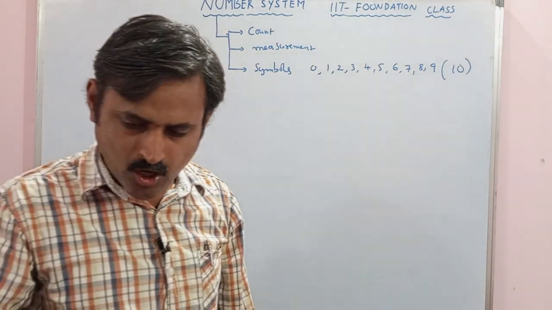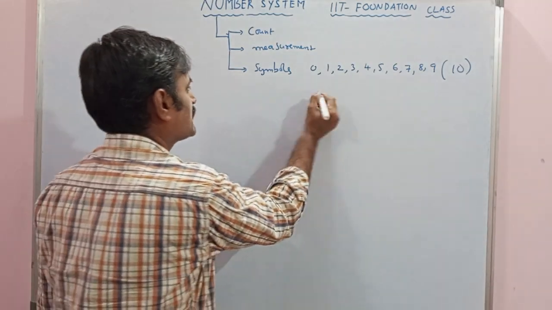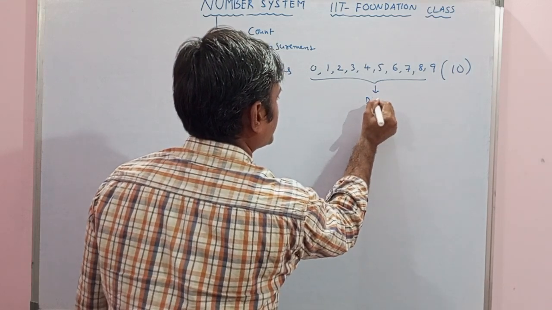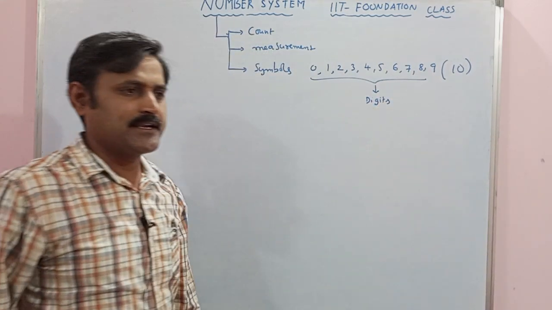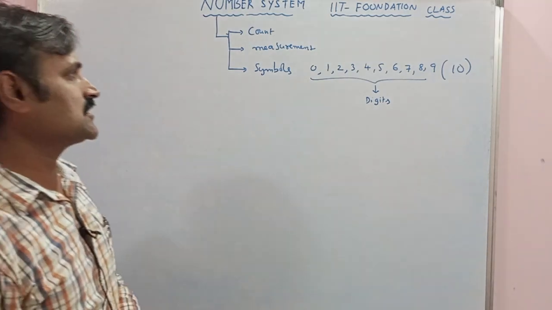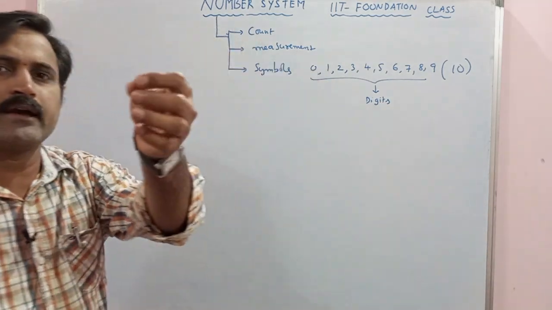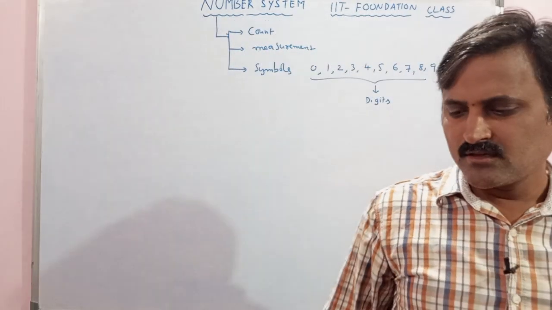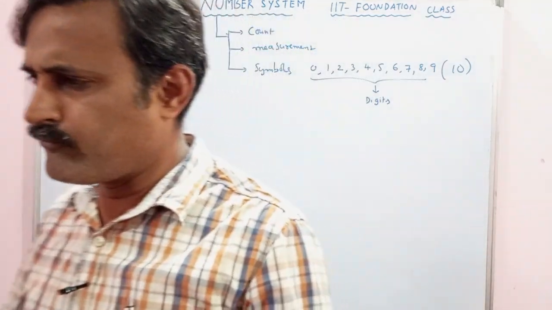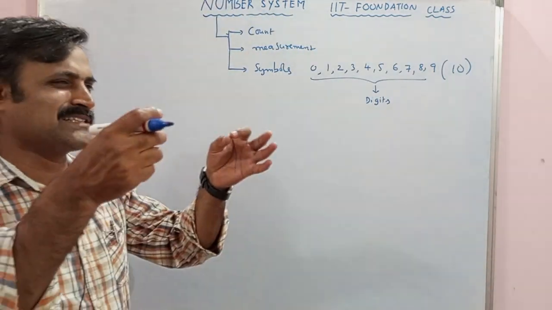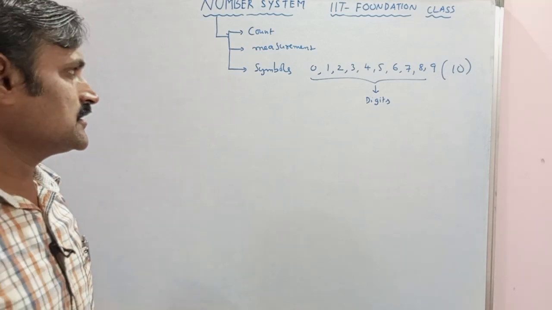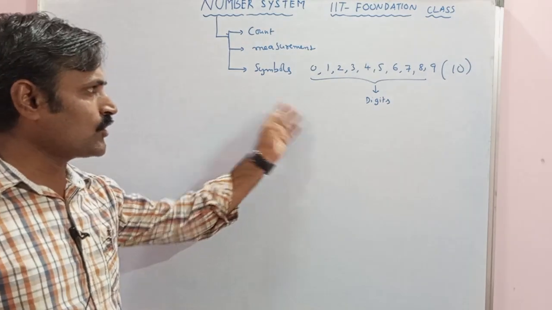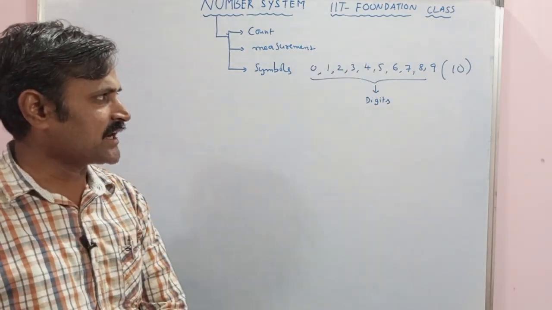These 10 symbols are called digits. Dear students, the first and most fundamental thing they will ask is, what are digits? You can say these 10 symbols are digits.